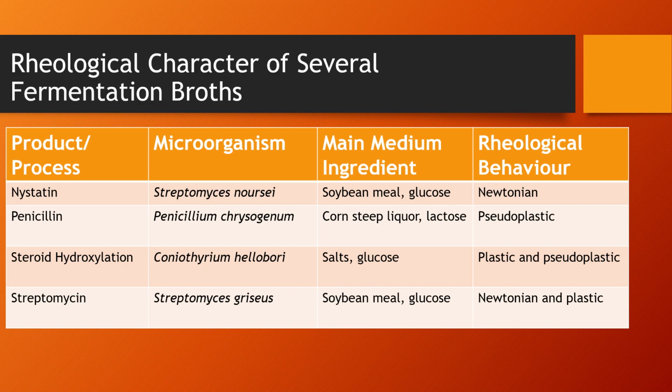Cunninghamella blakesleeana. What is the main ingredient? Salts and glucose. And behavior is plastic and pseudoplastic. Streptomycin. Streptomyces griseus is the microorganism. Main component is soybean meal and glucose. So here also Newtonian you will see along with the plastic flow.